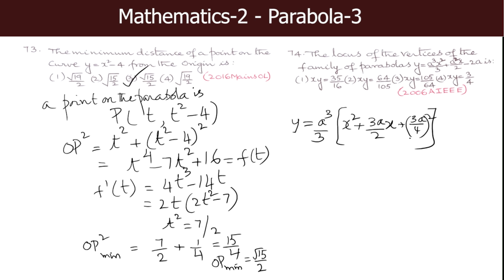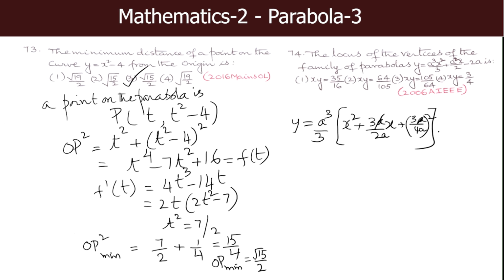So what is this extra quantity that is added here to make this a perfect square? 3 by 2a. Half of 3 by 2a is 3 by 4a, whole square.